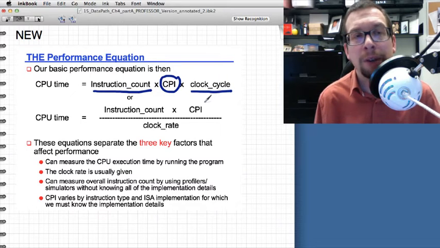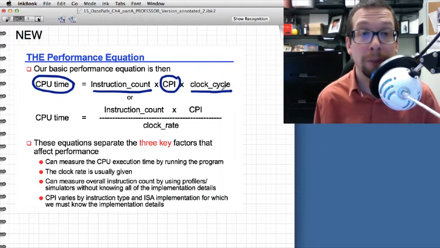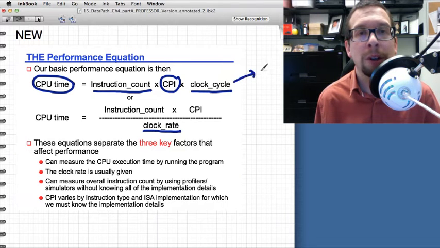The other way of addressing this in terms of trying to calculate the CPU time is, instead of using the clock cycle or the period of the clock, use the clock rate. And so whereas the clock cycle would be in picoseconds or nanoseconds or milliseconds, in terms of seconds, your clock rate would be in terms of something like hertz.